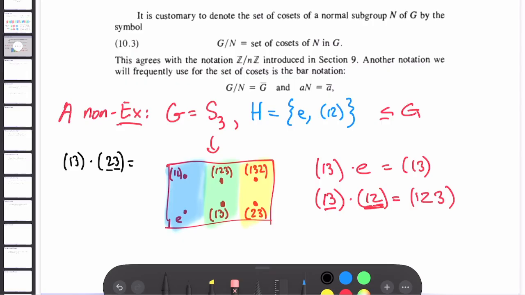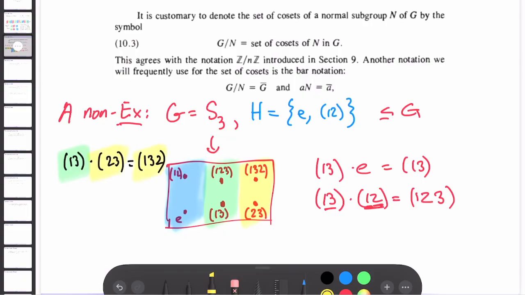Let me start with 1. 1 does nothing over here, and then it gets sent to 3 on the left. 3 gets sent to 2 on the right, and then nothing happens to 2 on the left, so there's a 2, and that's going to close. So this is putting the colors in there. This was green multiplied by yellow is equal to yellow.